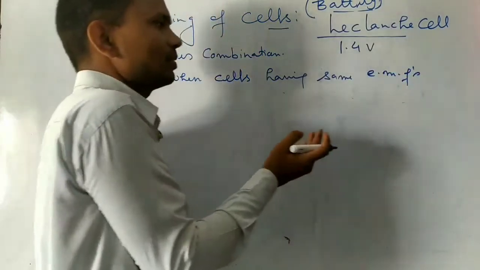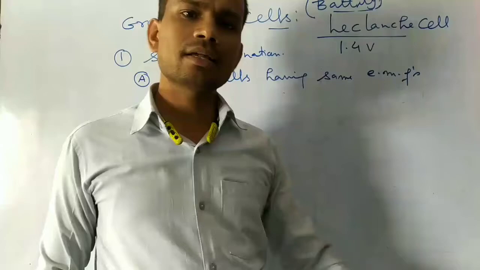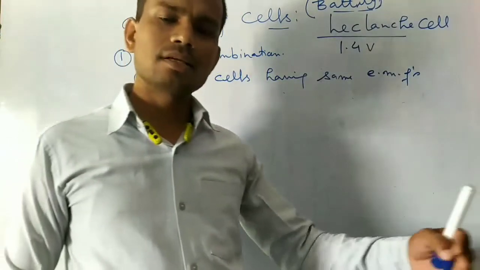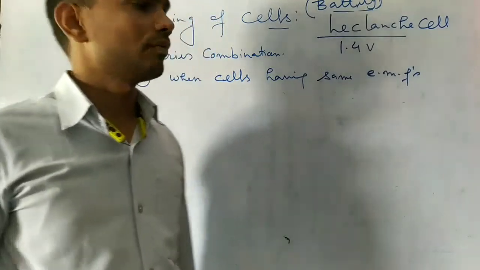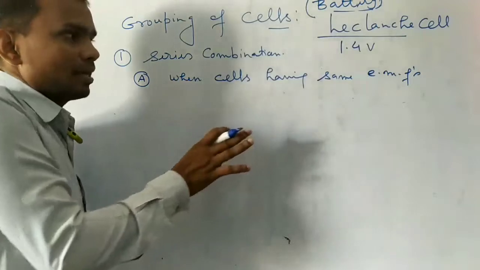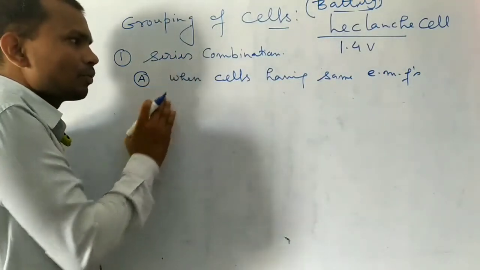Same EMF means, suppose we have the Leclanché cell, then only Leclanché cells you have to add in series, or if you have the Daniell cell, then you have to arrange Daniell cells, right?